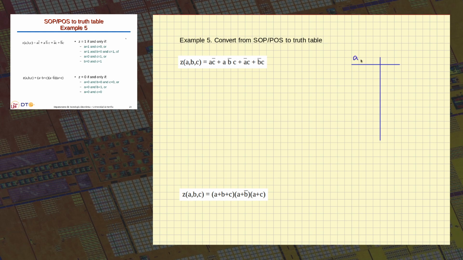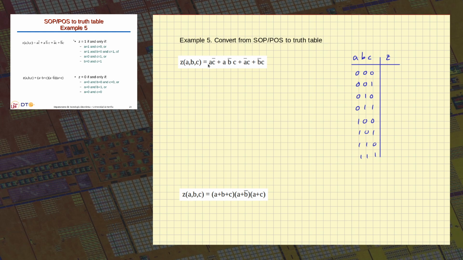Here we have A, B, C, here we have Z, and all the possible values. 0, 1, 1, 1, 0, 0, 1, 0, 1, 1, 1, 0, 1, 1, 1. So we'll complete the line like this, always.